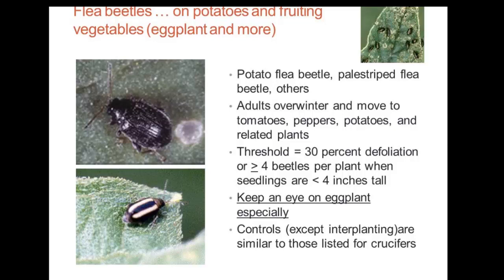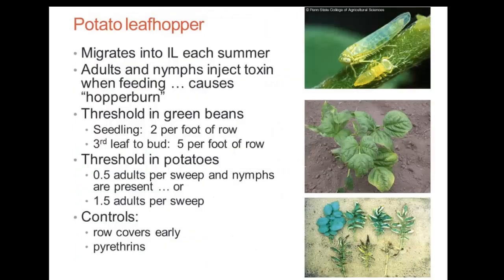If you do, it's because you're losing nearly 30% or more, a third or more of the leaf area. The exception is eggplant, because eggplant gets enough flea beetles that they just cover the leaves and eat them all. And in those, you do need to use something for control, and it's going to be the same insecticides we just talked about in the slide before.